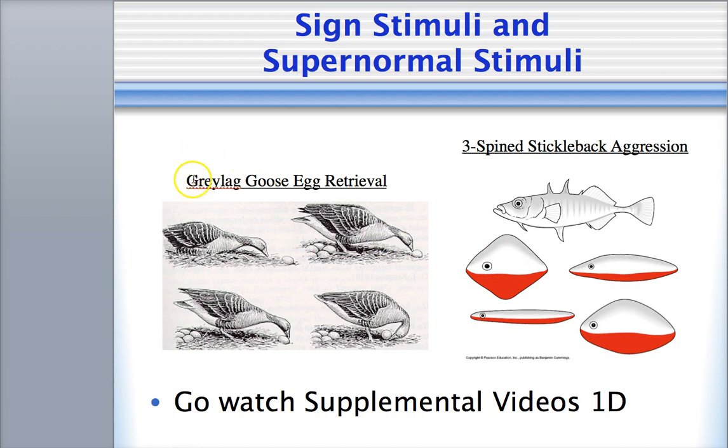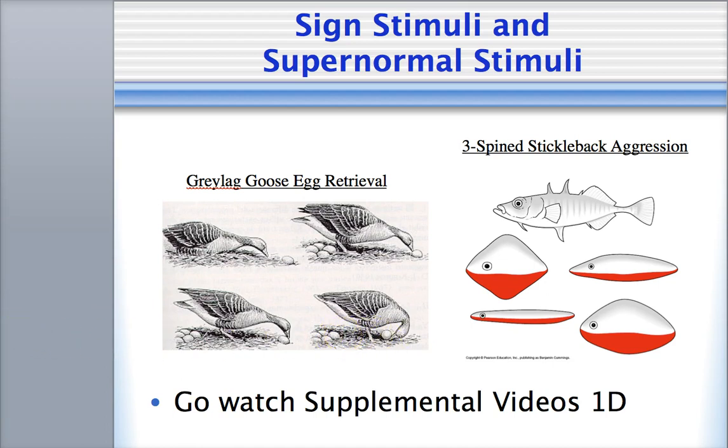And then the second video I'd like you to watch is the one about the greylag goose egg retrieval. So greylag geese have a tendency when they're sitting on their nest, if there's an egg right here, you can see there's a little egg out in front of this goose sitting on the nest. And so the goose will actually get up and lean over and use its bill to roll the egg gradually back into the nest.